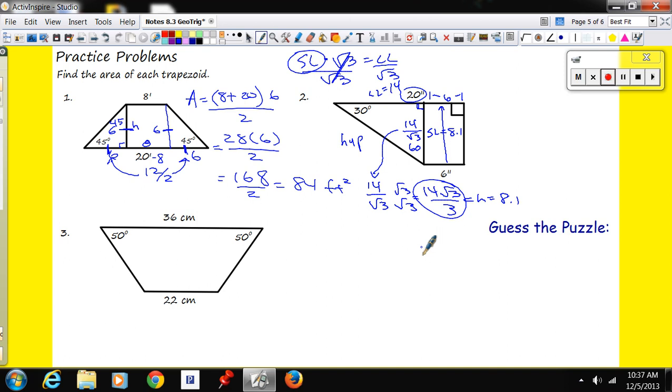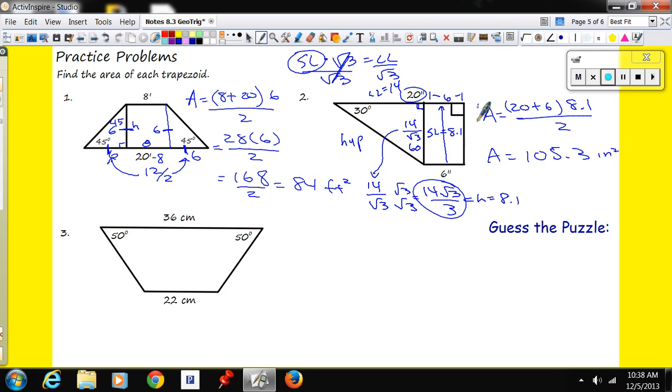Now that I've got the information for my area, I can take my bases, 20 plus 6, times it by my 8.1, and divide it by 2. So 20 plus 6 would be 26, times it by 8.1, and then divide it by 2, you get 105.3 square inches.